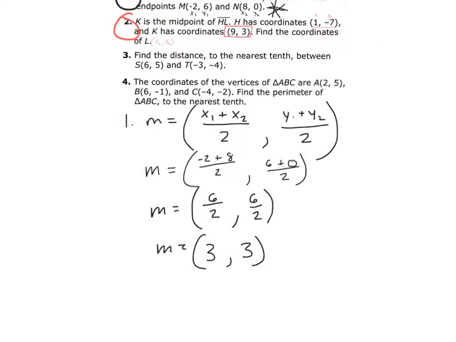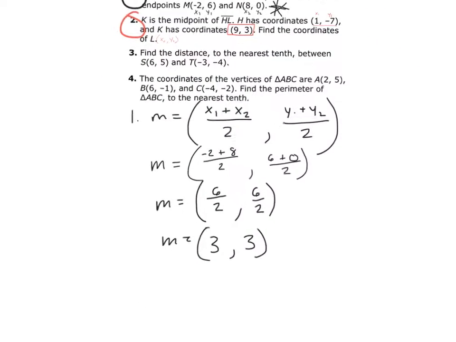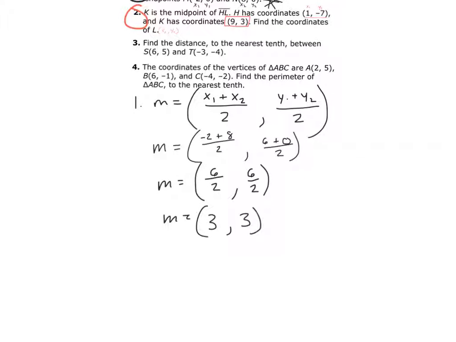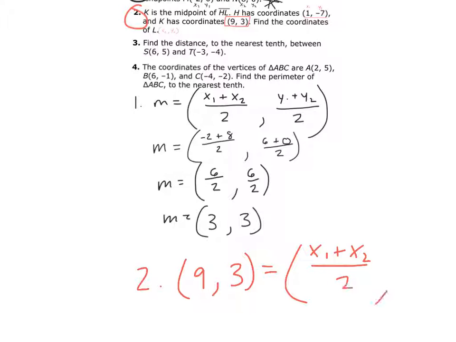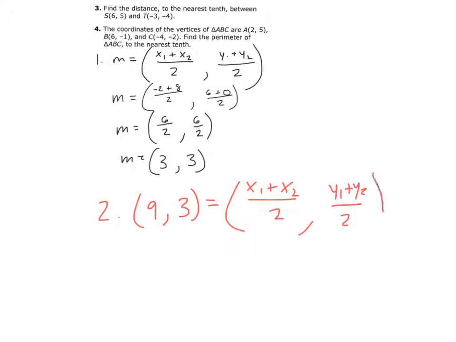So we have the coordinate for the midpoint that's given. So we would plug that into the M in our equation. So we have (9, 3) is equal to the midpoint formula, which would be x1 plus x2 over 2 and y1 plus y2 over 2. So we have x1 and y1. Let's plug those in.